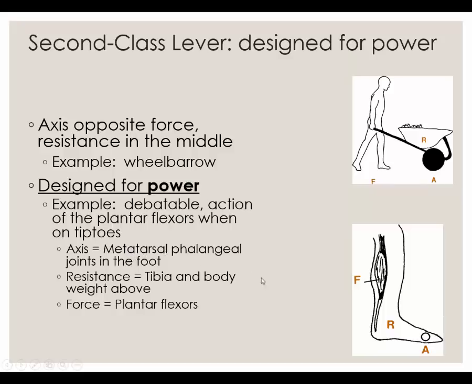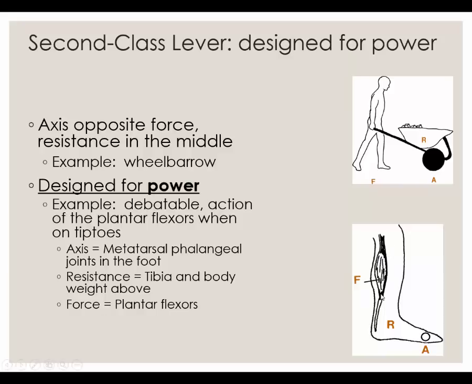The resistance is the tibia and the body weight from above, okay, so here in the front. And then the force, or the muscles that are trying to keep everything intact and provide power to the body, would be the plantar flexors, or the gastrocnemius in this case.